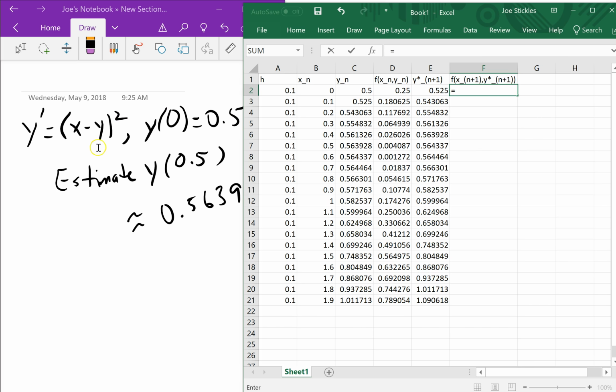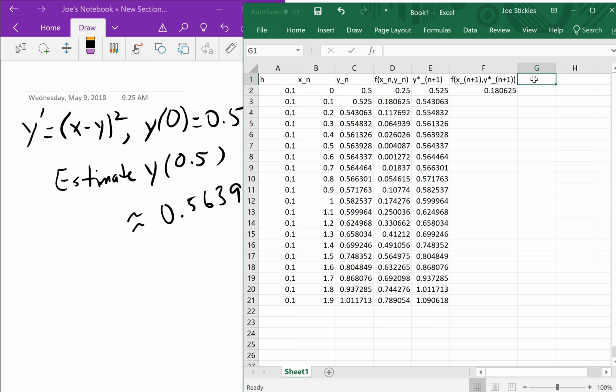So we still use our slope formula, which is over here, but we want to use the next x value and our next y value to get the slope estimate. So I need to use B3 here, not B2, because that's the next x value. And I want to subtract off the intermediate y value, which we computed in E2. And we want to square that because that's our formula for the slope, the formula for dy/dx.